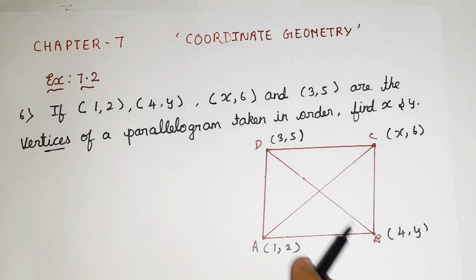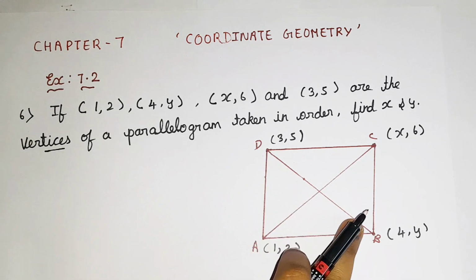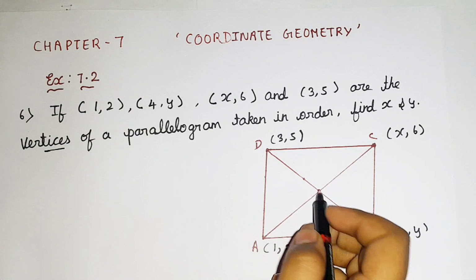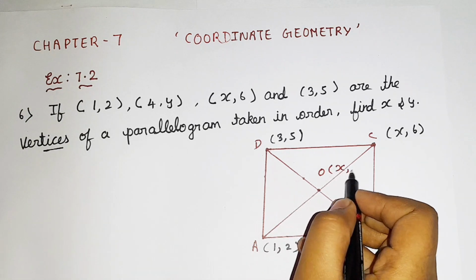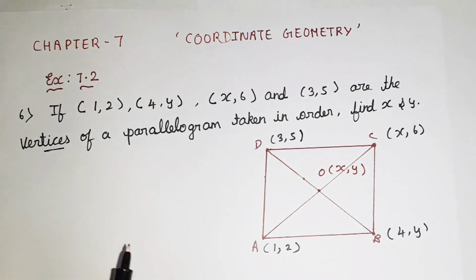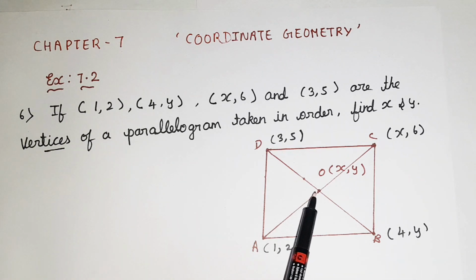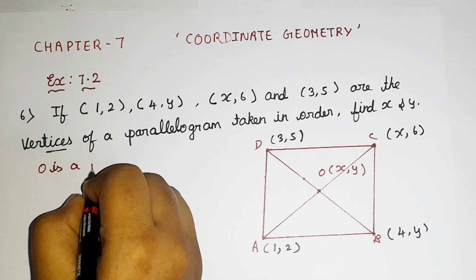Since the diagonals crisscross, they meet at a single point, so we can take this point as O. O also has x and y coordinates. Since we are talking about the middle, the middle point is O, so I am going to use the midpoint formula.